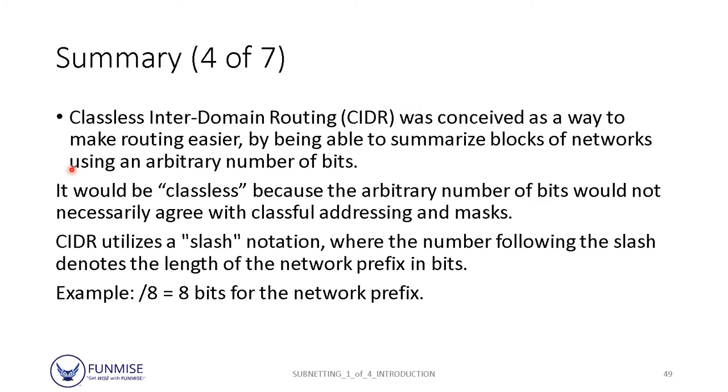Now, CIDR is considered classless because the arbitrary number of bits would not necessarily agree with classful addressing and masks. CIDR utilizes a slash notation where the number following the slash denotes the length of the network prefix in bits. An example, /8 equals 8 bits for the network prefix.